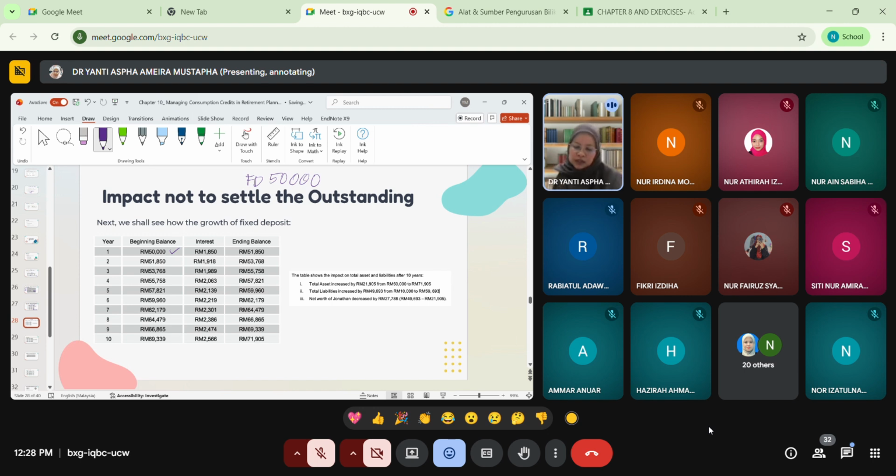So you take 50,000, and the interest is 1,850. So it's 0.037 multiplied by the beginning balance of 50,000. So at the end of the first year, you will get 51,850: the beginning balance of 50,000 plus the interest earned that year.